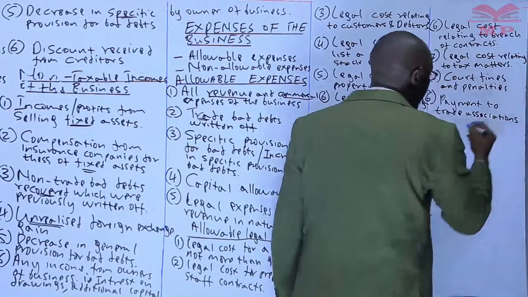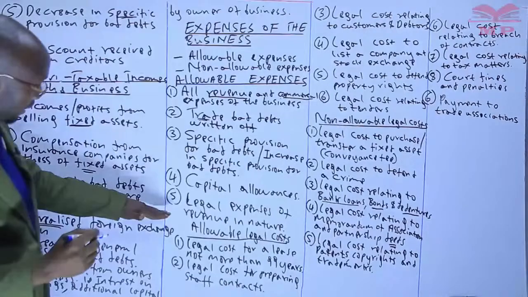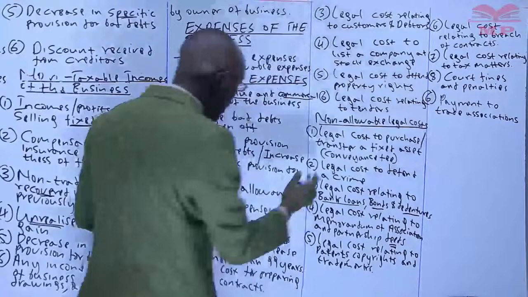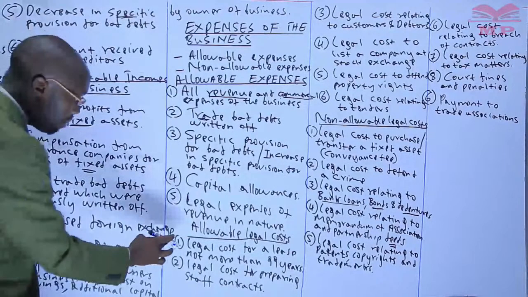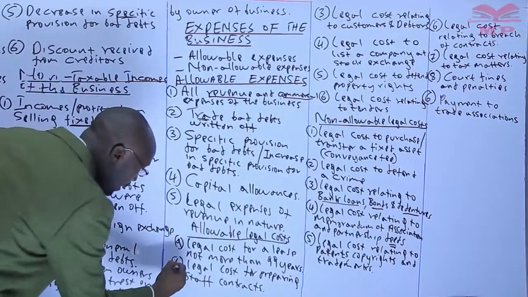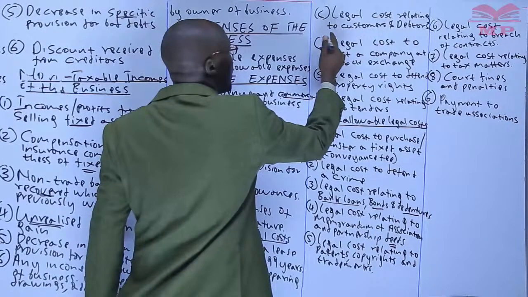Now, to differentiate this allowable expense numbering, as you can see, we have number 6 here, from this allowable legal cost and unallowable, let me rename this one as A, B, C, D.